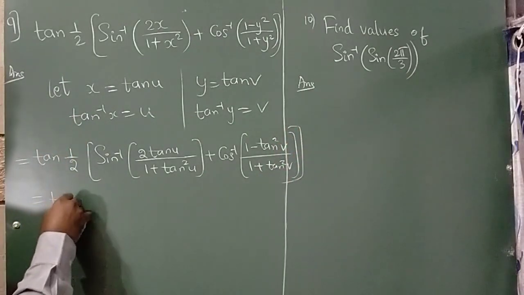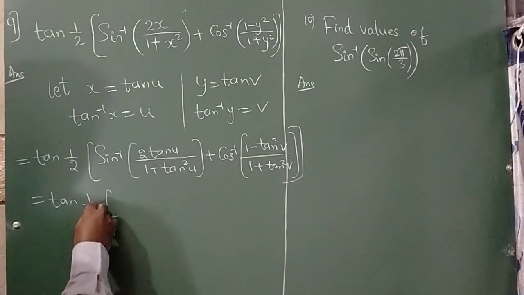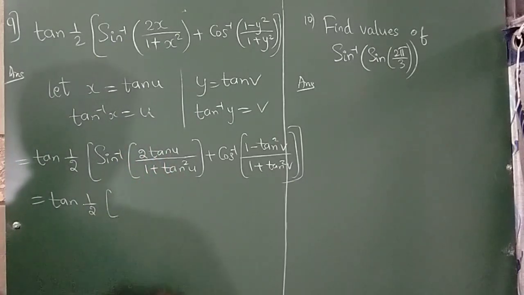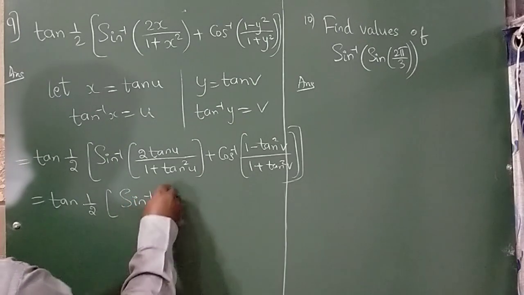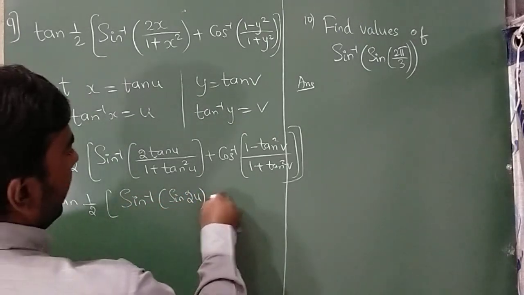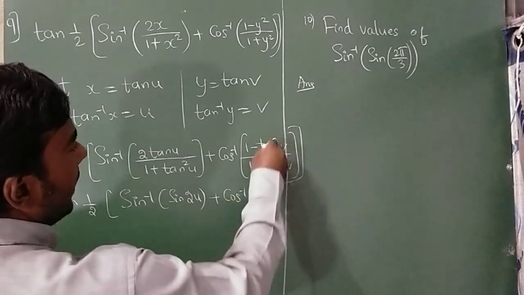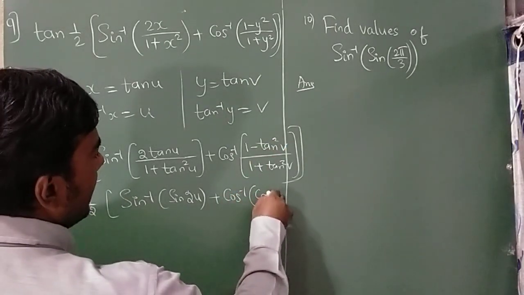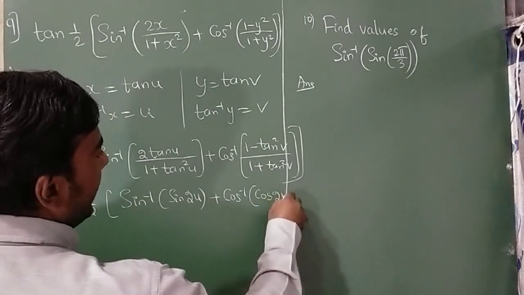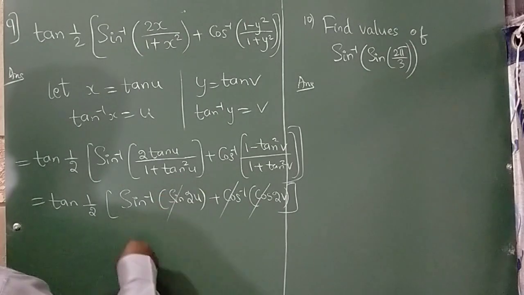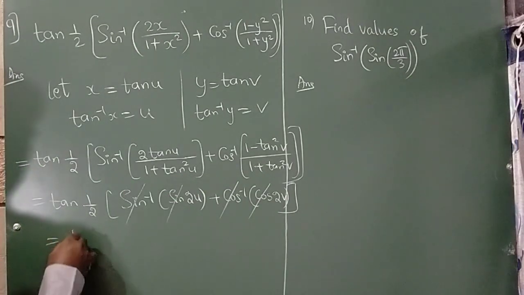Now there is a formula. 2 tan u divided by 1 plus tan square u is nothing but sine 2u, plus cos inverse of 1 minus tan square v divided by 1 plus tan square v is cos 2v. Okay. Cos inverse gets cancelled, sine and sine inverse get cancelled.